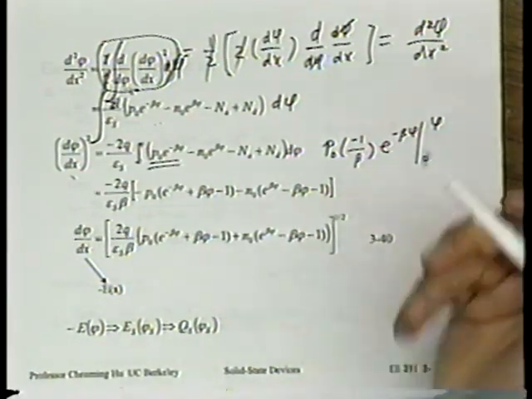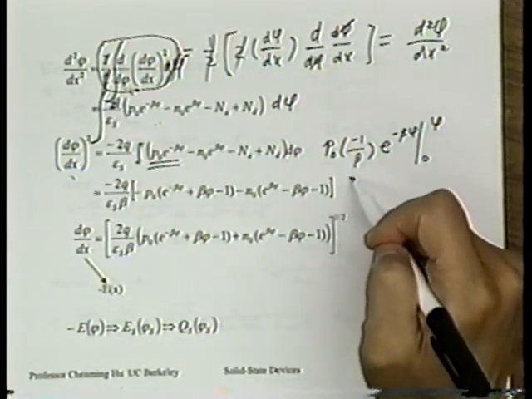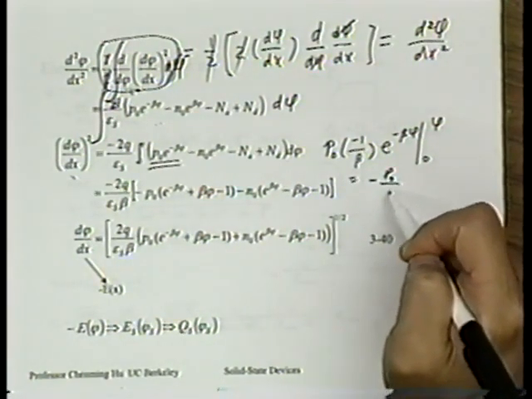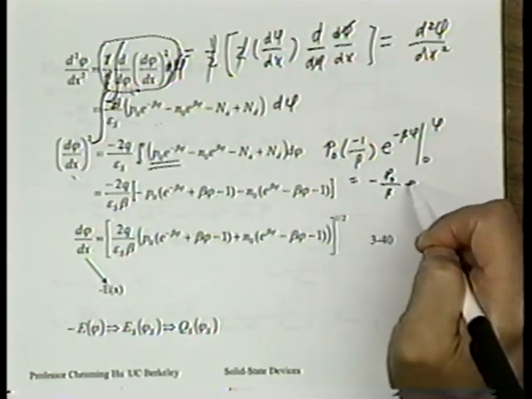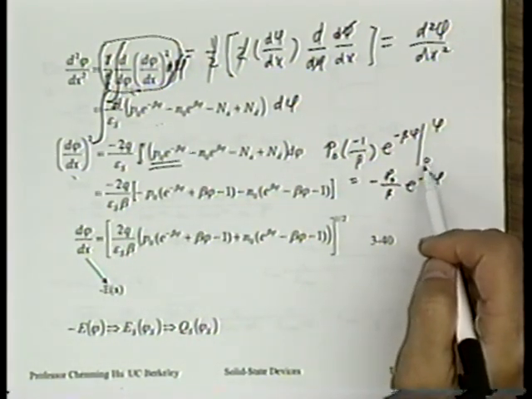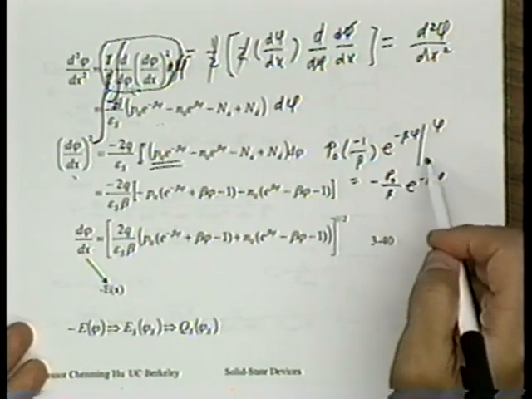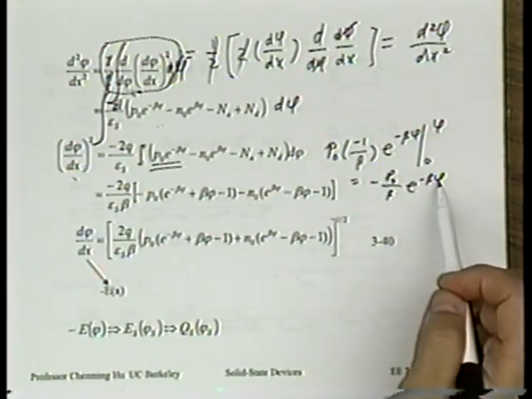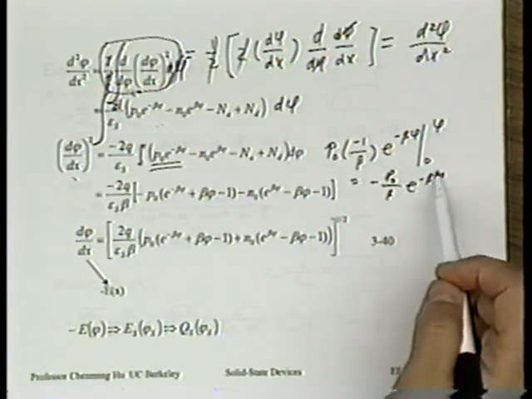So let's just write this down further out. So this is minus p naught over beta, exponential minus beta phi, and then minus this again with phi replaced by 0. When we replace phi with 0, we end up with 1.